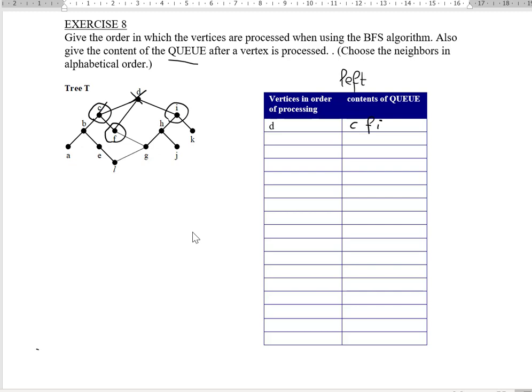We take out C, cross C, and we add B. That's a neighbor which isn't visited yet.